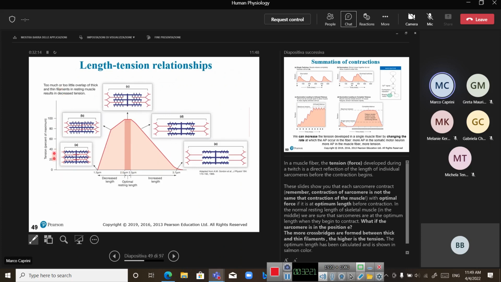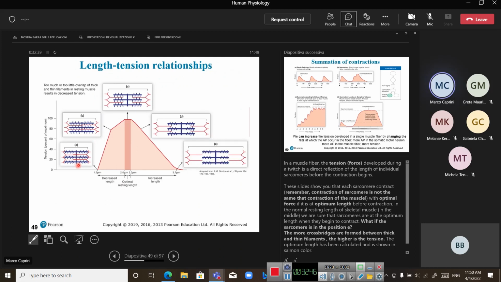Let's see the graph. Here is the tension. Here is the optimal resting length of the muscle. So this slide shows you that each sarcomere here, the panels A, B, C, D, E, each sarcomere contracts.